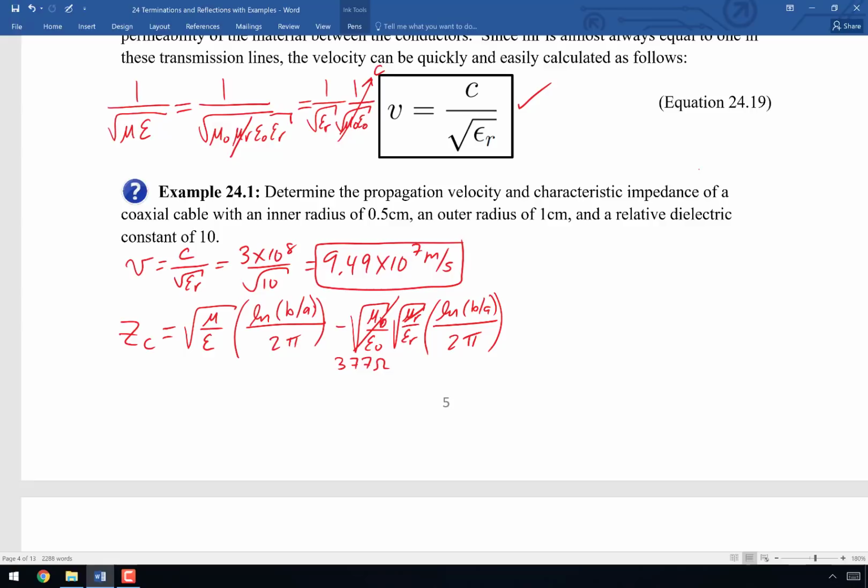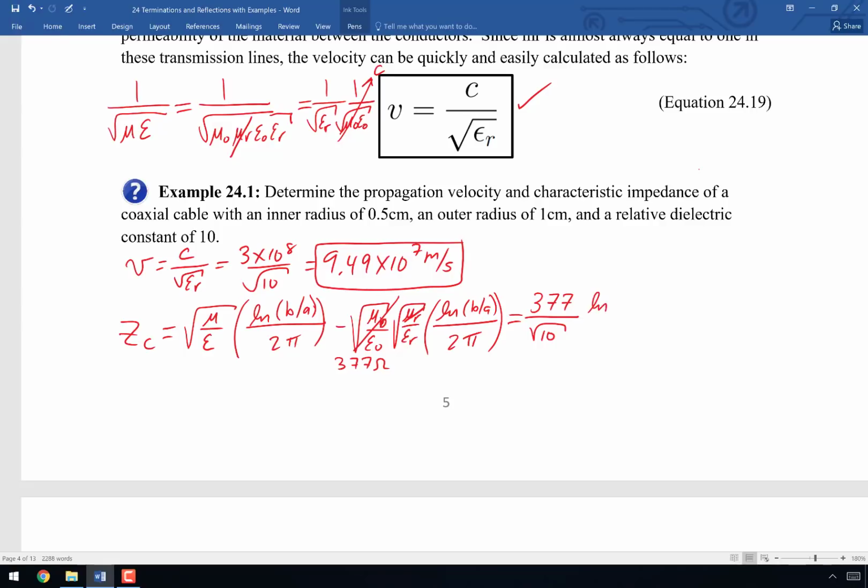and we know that that quantity is 1. If we don't specifically tell you that it's a ferromagnetic material, you can always assume that mu sub r is equal to 1. So this then is equal to 377 divided by the square root of epsilon r, which is the square root of 10. And there we avoided having to do 1.566 times 10 to the negative 6th, 8.854 times 10 to the negative 12th, because even professors don't like typing that into their calculator.